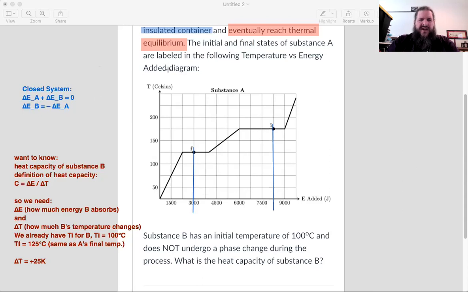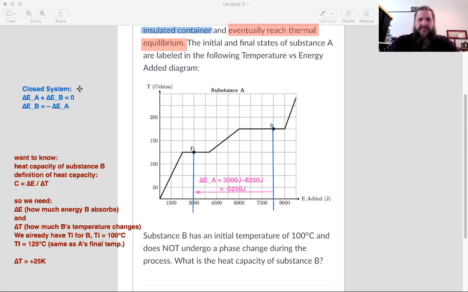So if we want to know the change in energy, we can say delta energy for A is just final minus initial: 3,000 minus 8,250 joules equals negative 5,250. So that means during this process, substance A is losing 5,250 joules.